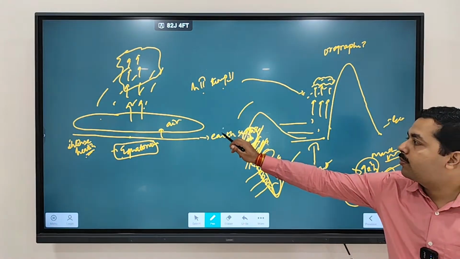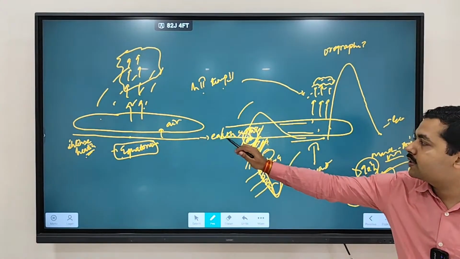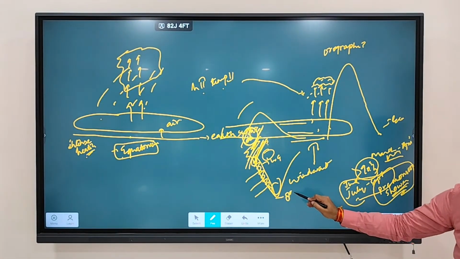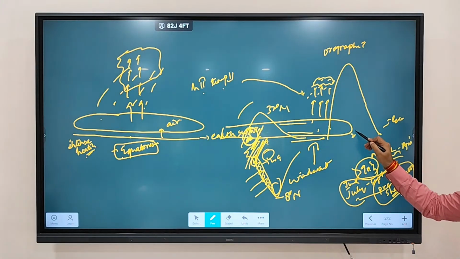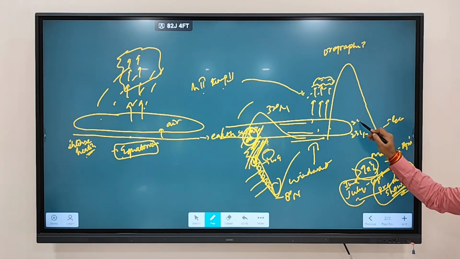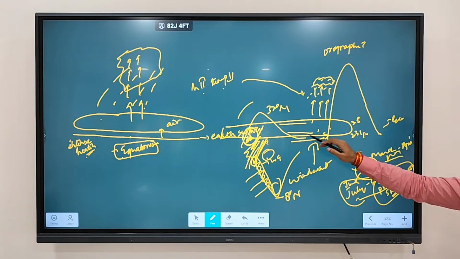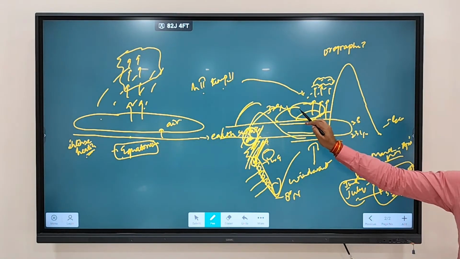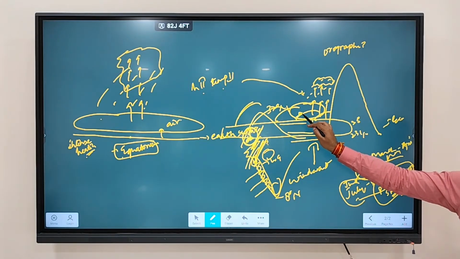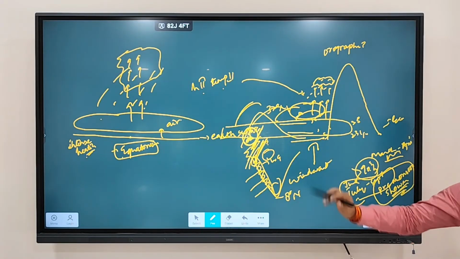Clear? So the subtropical high pressure belt is this extension. India is extending from where to where? From 8 degrees north to 37 degrees north. We discussed 23.5 to 35 degrees, where you have the subtropical high pressure belt. From here, westerlies will come. So westerlies are going to be there in the Tibetan plateau. Clear?